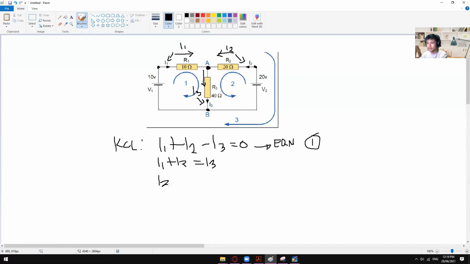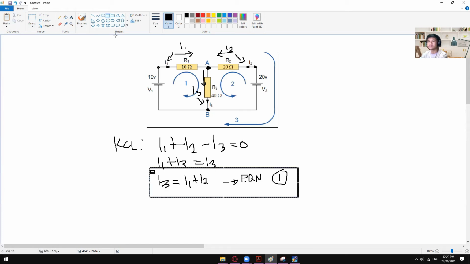Or you can have I3 is equal to I1 plus I2. So this is now our official equation number one. Let me just highlight this one because we will use it later on.